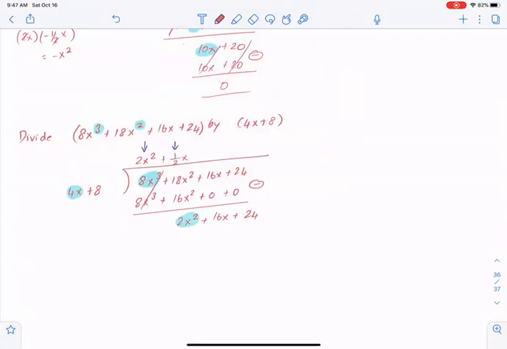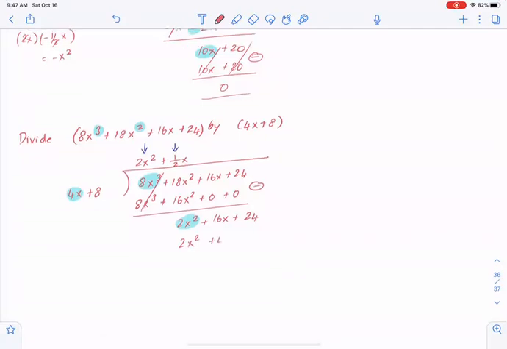So 1/2 x multiplied by 4x is 2x squared. 1/2 x multiplied by 8 is 4x. Always subtract. Those two would go away. 16x minus 4x is 12x. 24 minus 0 is 24.